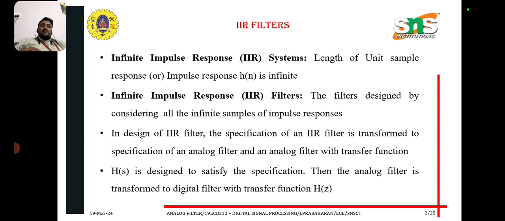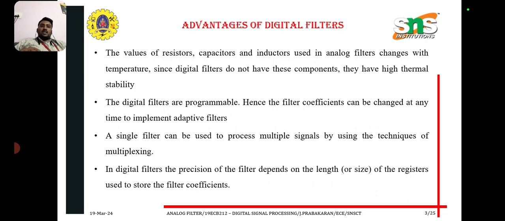In designing an IIR filter, the specification of the IIR filter is transformed to the specification of an analog filter. An analog filter with transfer function H of S is designed to satisfy the specification, then the analog filter is transformed to a digital filter with transfer function H of Z.